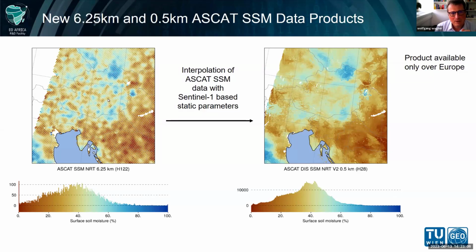So maybe we have here data sampled at 6.25 kilometer with a spatial resolution of about, say, 15 to 20 kilometer. And on the right side, we have a product that is being sampled at 500 meter, but say with a spatial resolution somewhere in the order of between 10 and 15 kilometer. So the inherent information content here is much coarser than it visually appears.